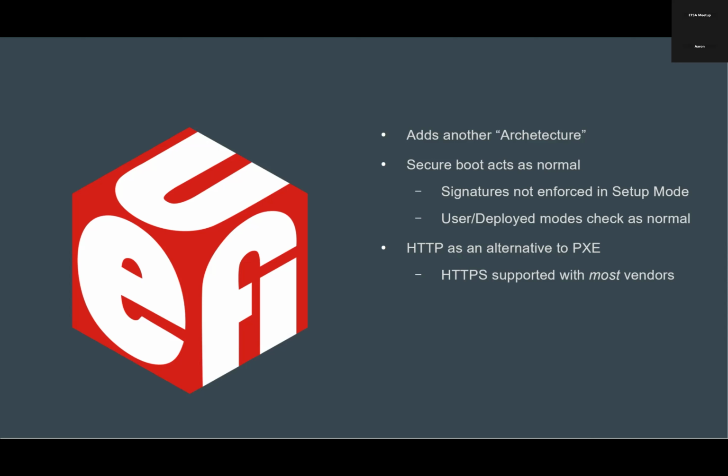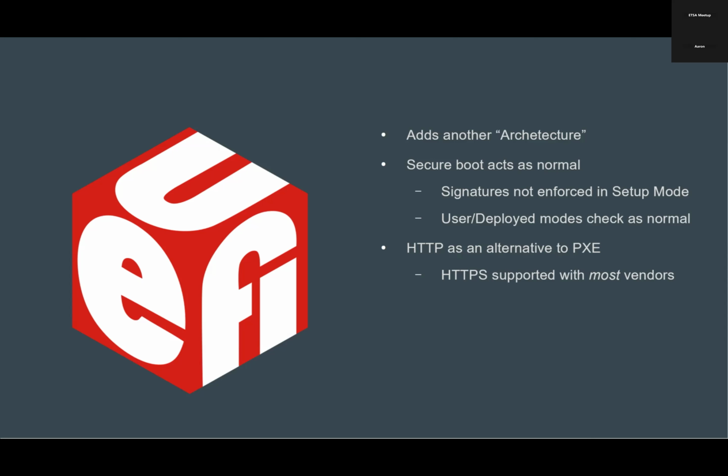But just like with PXE and the other parts of DHCP, a server identifies its architecture to the client, and the client identifies its architecture to the server at all times. And in HTTP boot, instead of sending back options, instead of sending a TFTP location or some other things that may be supported, it sends a URL. And the firmware of the server is generally capable of receiving a URL over HTTP.